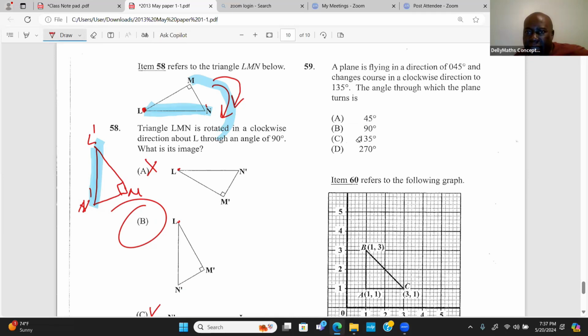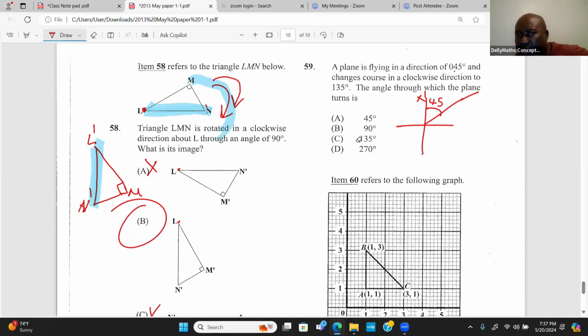A plane is flying in direction 45 degrees. Bearings we are doing now again. 45 degrees. And it changes course in a clockwise direction, 135.